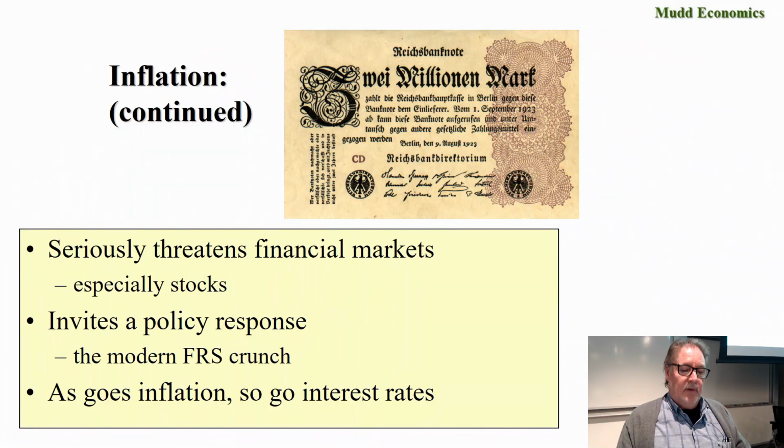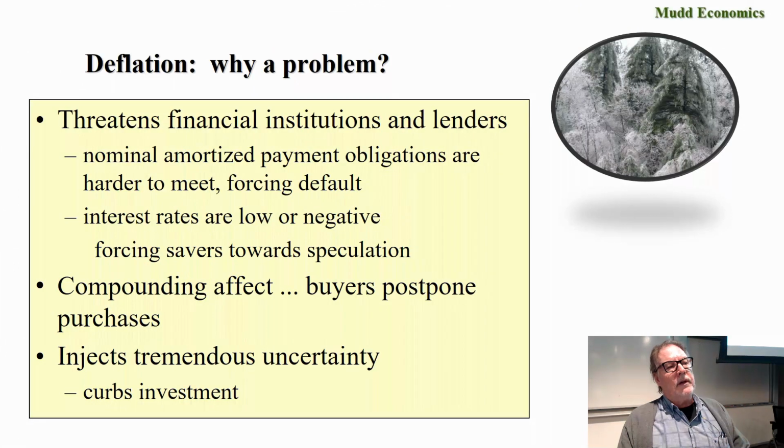Equally serious in the modern era is deflation. Now, I would have thought in the 1980s and 1990s when I first started teaching here that nobody would ever have to talk about deflation in the modern era, because it seemed like the only real modern problem with price effects would be inflationary problems, because we were seeing some inflationary problems in the 1970s and 80s.